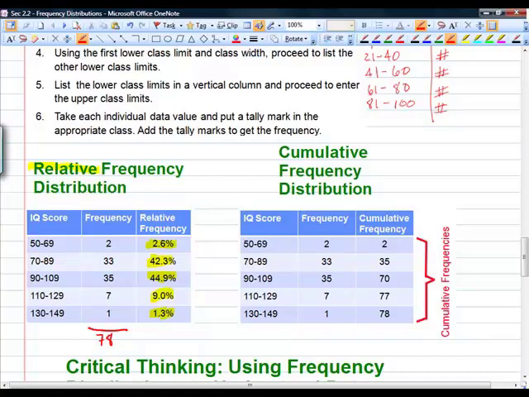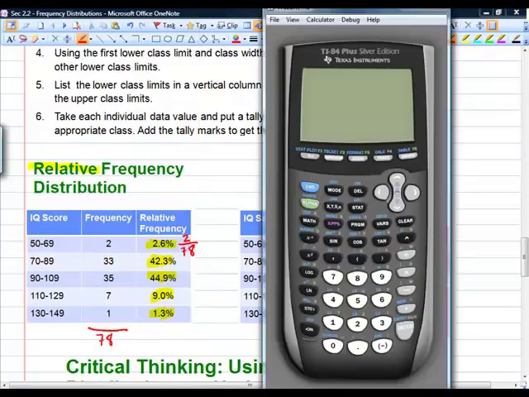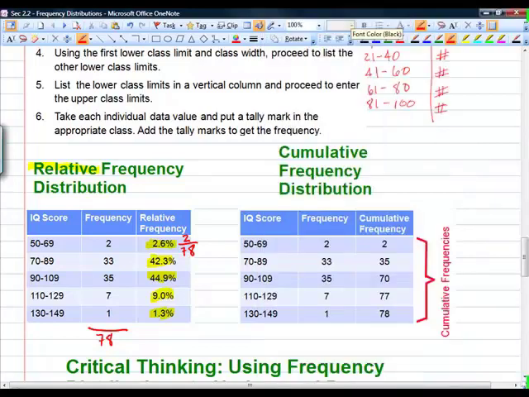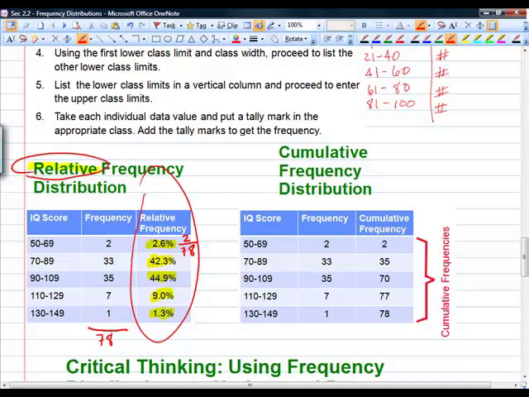So to get this 2.6, we took the frequency 2 and divided it by 78 and changed that number to a percent. 2 divided by 78 gives us our 2.6%. To change this number to a percent, we just move the decimal over 2 places to the right. So if we add this column, the percentage of data represented by that frequency, that's called a relative frequency distribution.